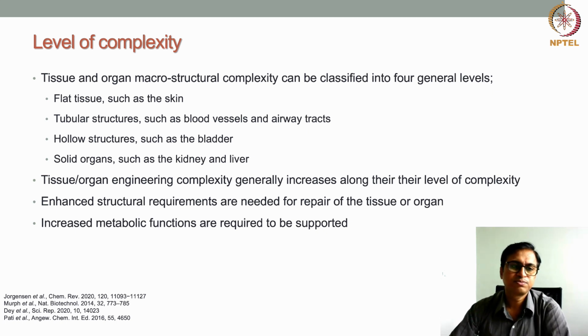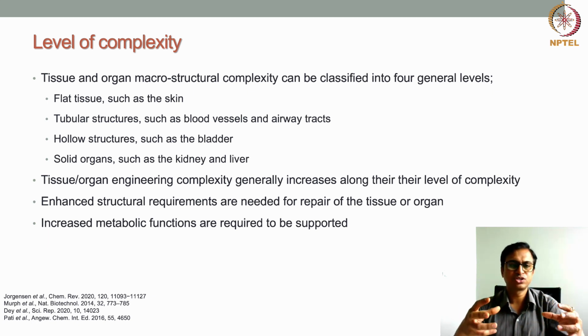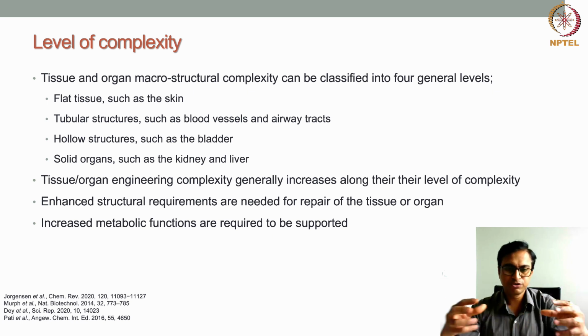Then the next level is the tubular structures, something like blood vessels and airway tracts. The complexity is also not very high, but they have a typical macrostructure, a tubule-like structure.